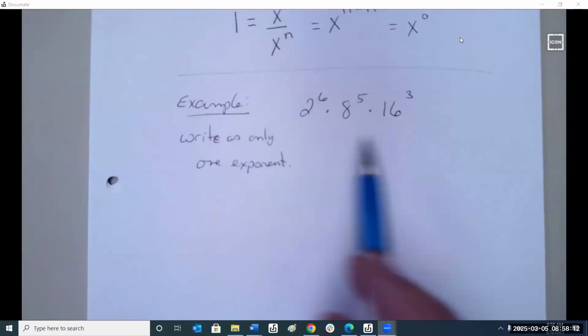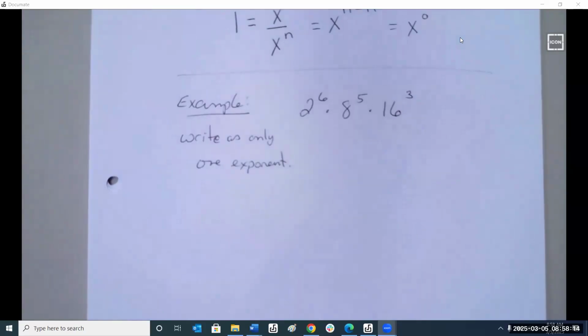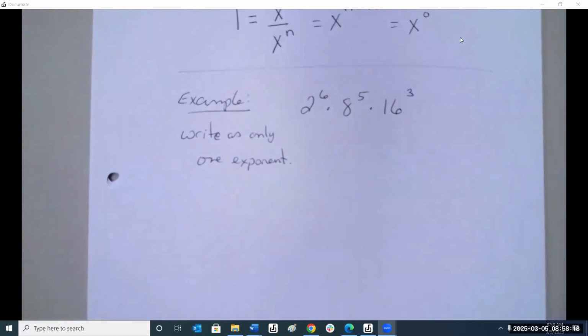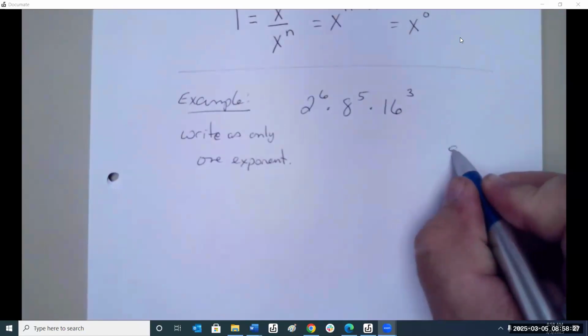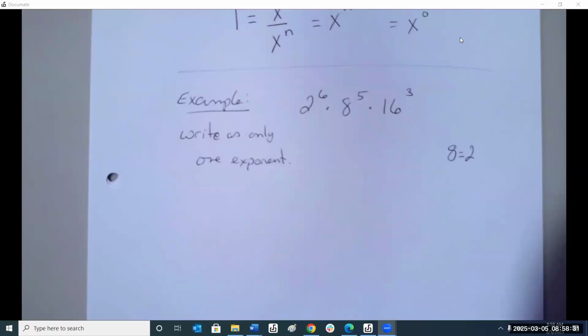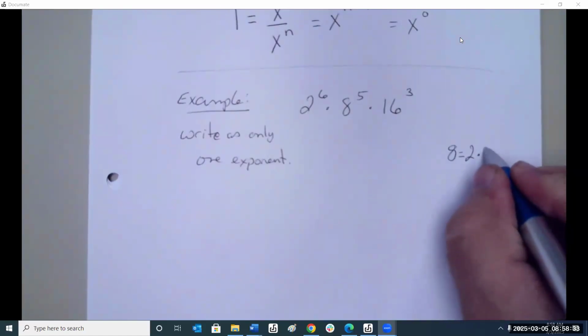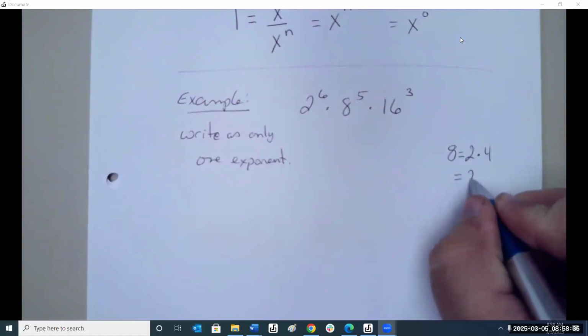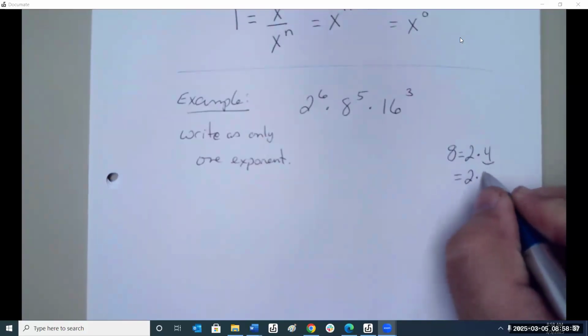Do they have the same base? Find a common base between all of them. How are you gonna do that? By first analyzing its factors. What is 8 made up of? Just 2? 2 times 4. Can I go any further? What is 4 made up of?